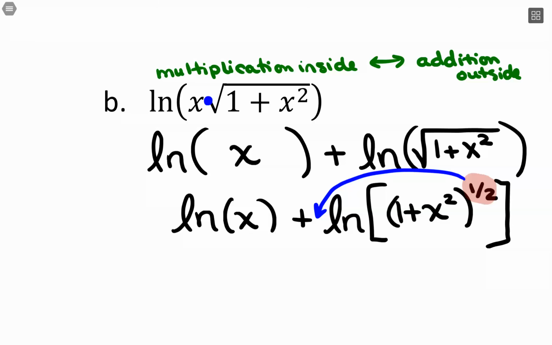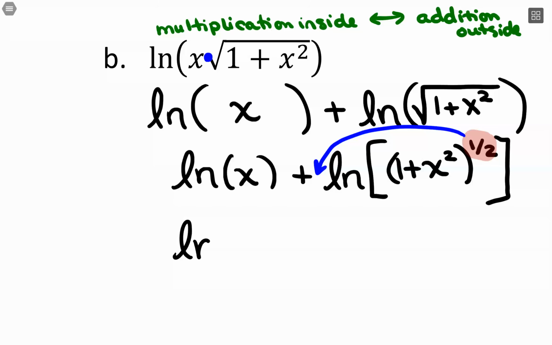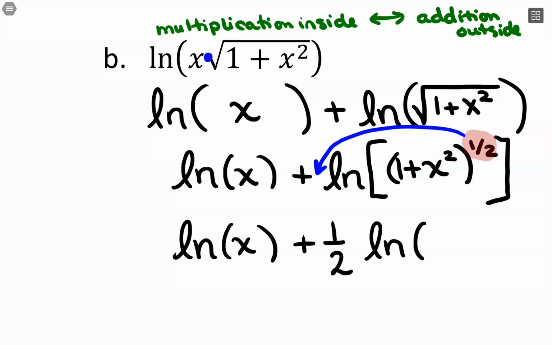But why I want to emphasize that is because if I then had like a +2 on the outside or something like that, then I wouldn't be able to use this rule. It's the fact that that exponent is covering everything inside. So from there, I'm going to have natural log of x plus, and then that 1/2 out front, natural log of 1 plus x squared.